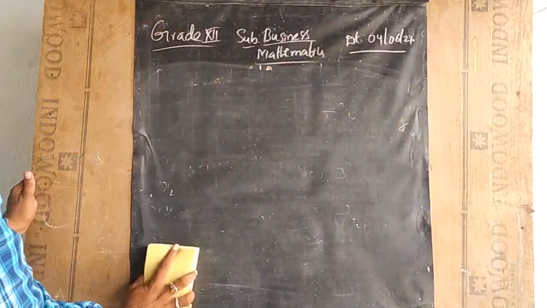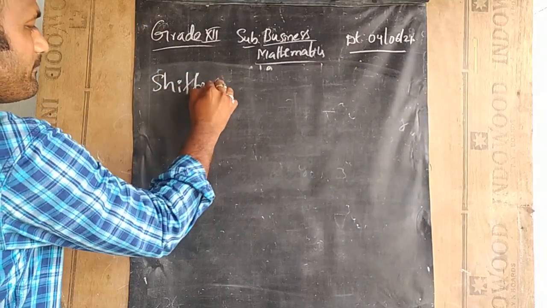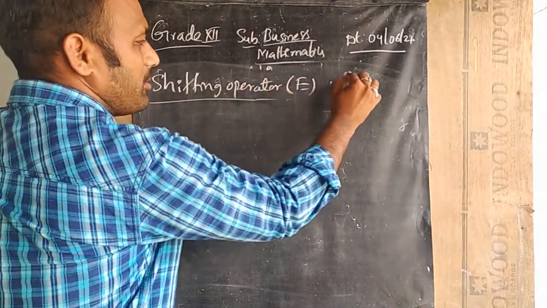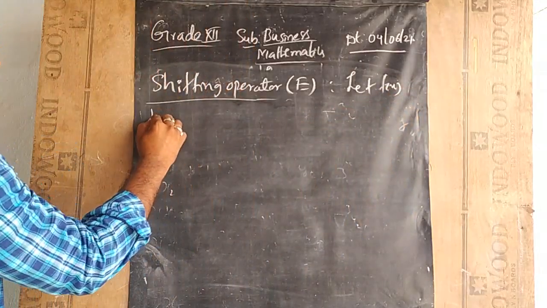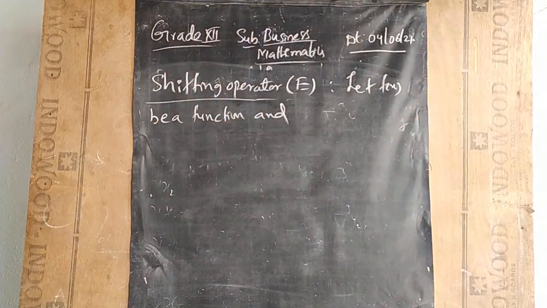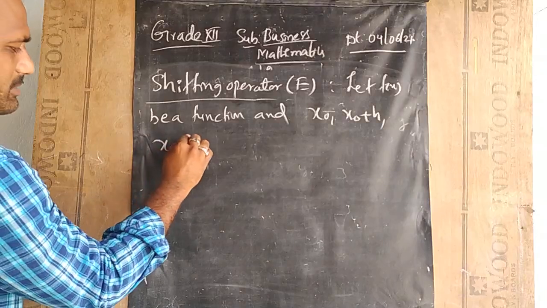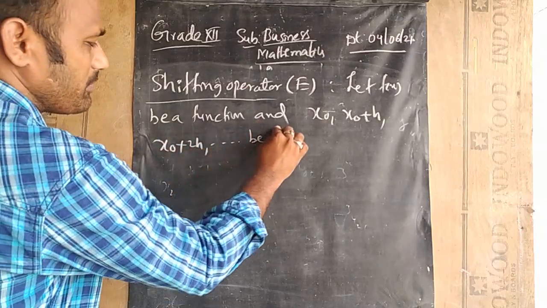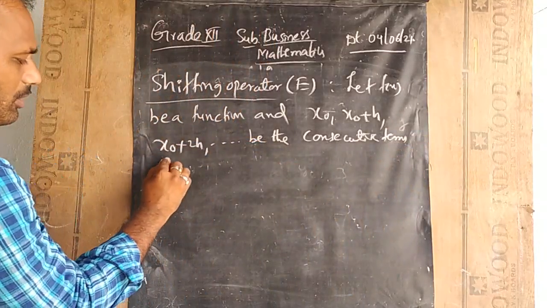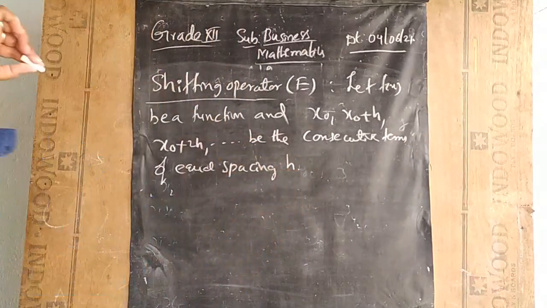Now let us see the third one, the shifting operator, which is denoted by E. Let f of x be a function, and x0, x0 plus h, x0 plus 2h, and so on, be the consecutive terms of equal spacing, where the equal gap is h.